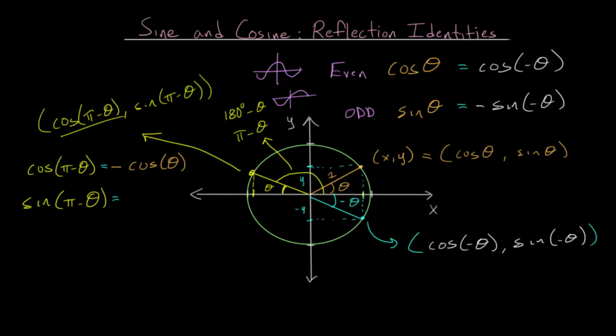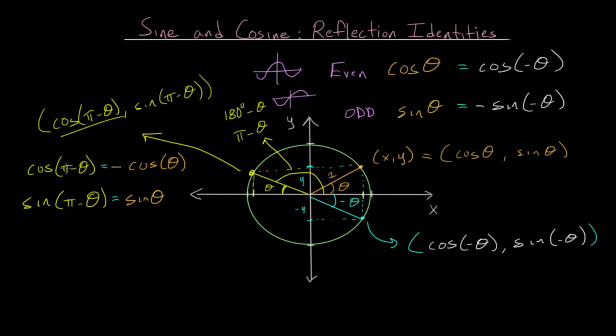Since notice for the y value at this point, it is the same y value that we get from theta in the first quadrant. And since the y values at these two points are equal, we can say that the sine of pi minus theta is equal to the sine of theta. So we get two more of these reflection identities.